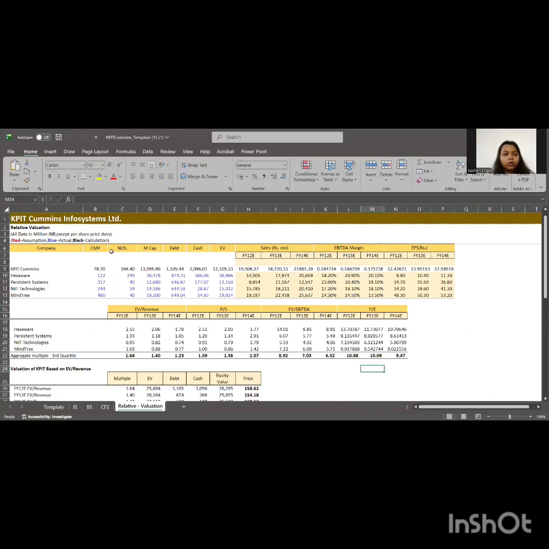like CMP, number of shares, market capitalization, debt and cash, EV, sales, EBITDA margin, EPS. I'll explain each of these one by one and how their formulas are generated. So first is current market price.